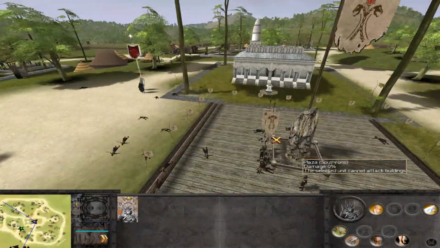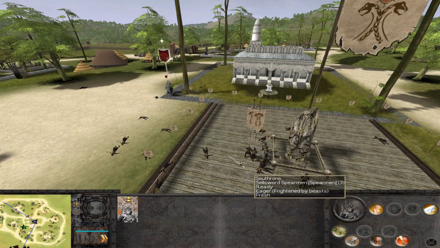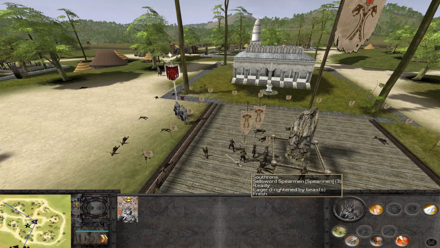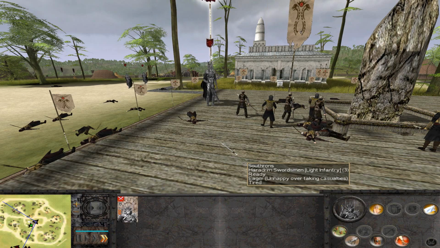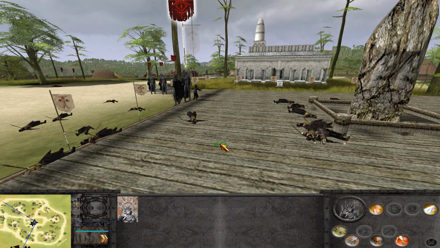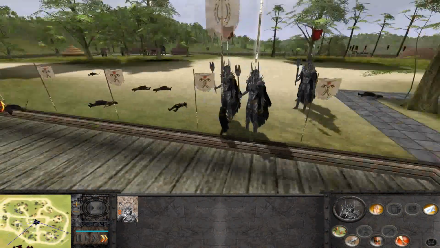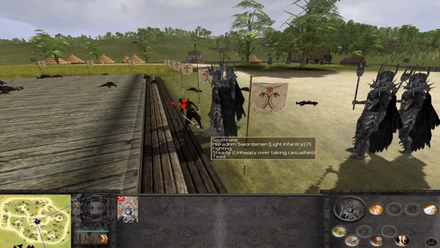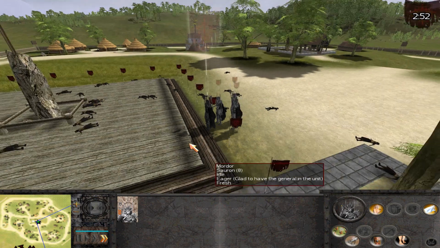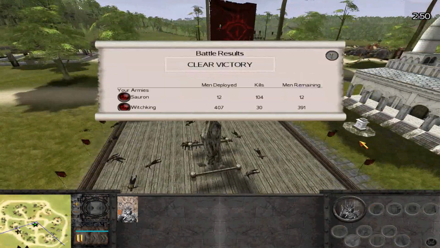It's a Gondorian town. Kill these guys then. Ah, we had 4 still. Good. We won the battle.